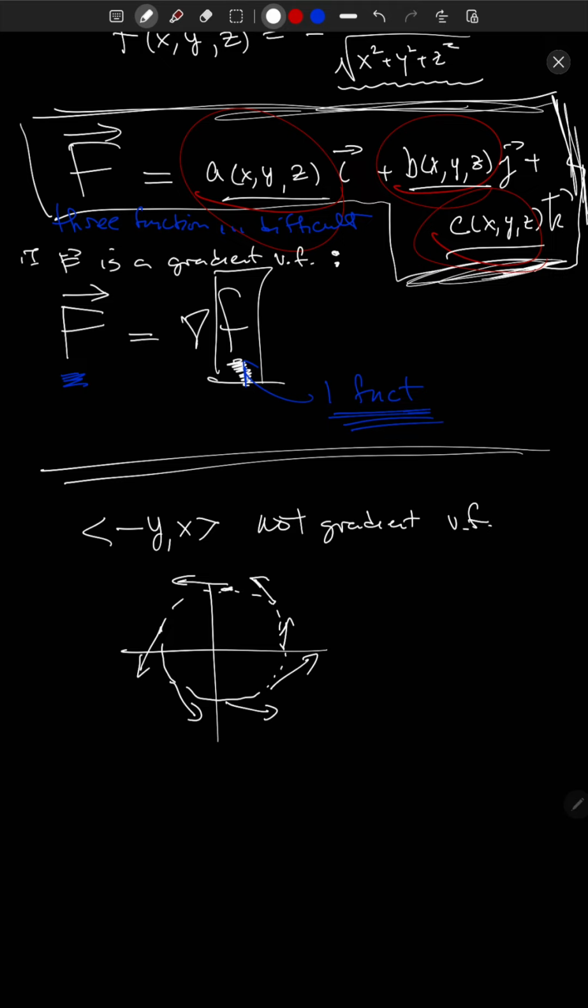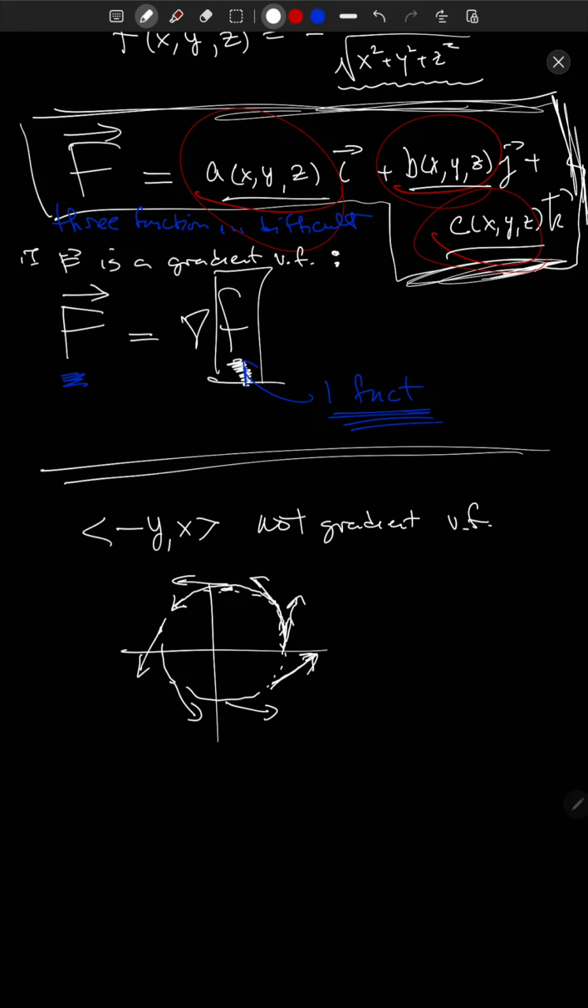So can these arrows represent the gradient of a function? No, because the direction of the arrow is the direction where the function increases. And so this picture would indicate, if this were a function, that as you move along the circle, the value of the function is increasing and increasing and increasing, right?